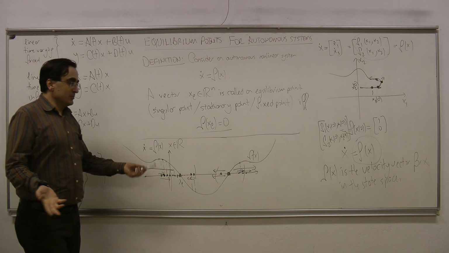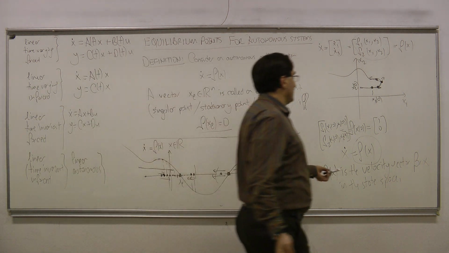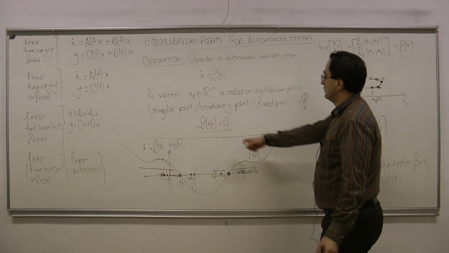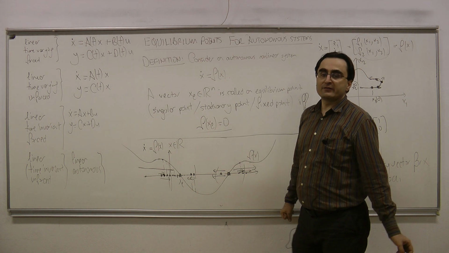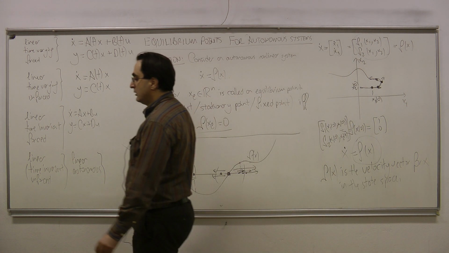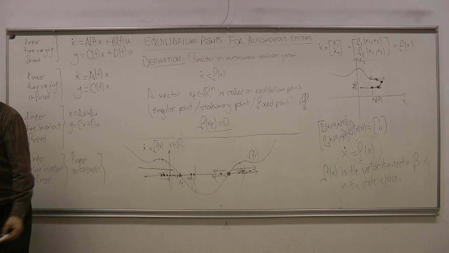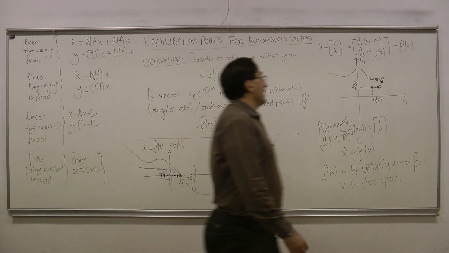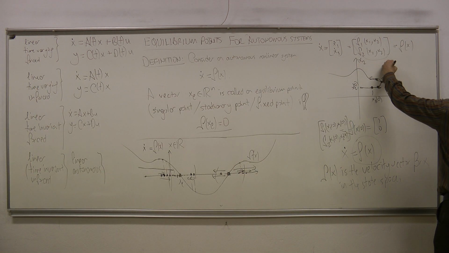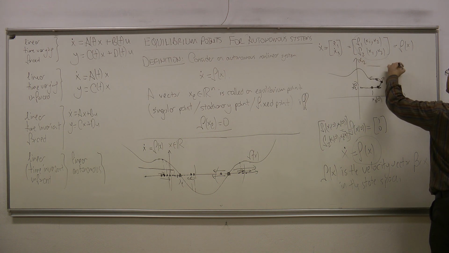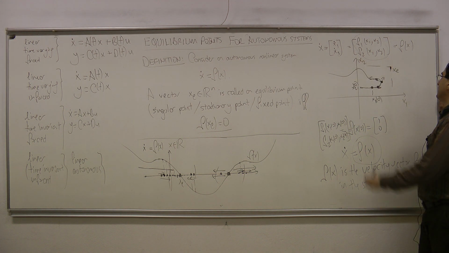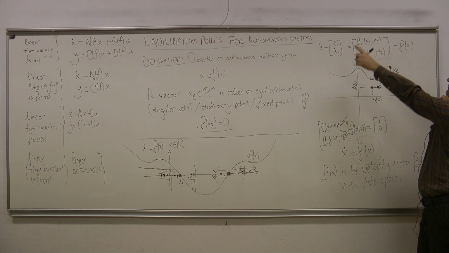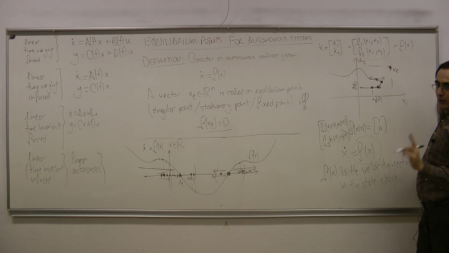So then what does it mean for the velocity to become 0? f of xe equals 0. That definitely means that when I am at a point xe, like this, suppose that this is my xe, then f of x is equal to 0 at that point.